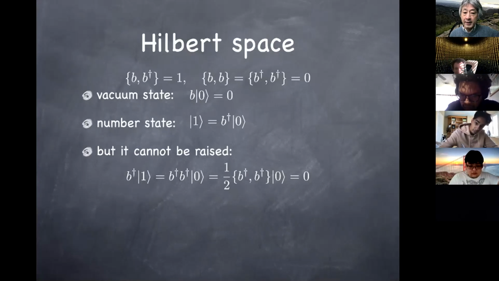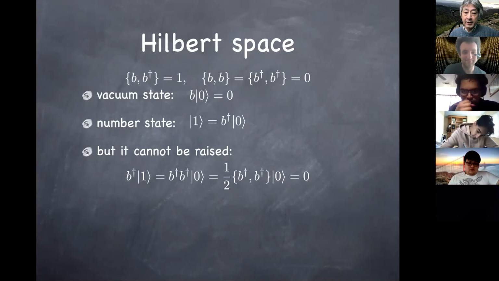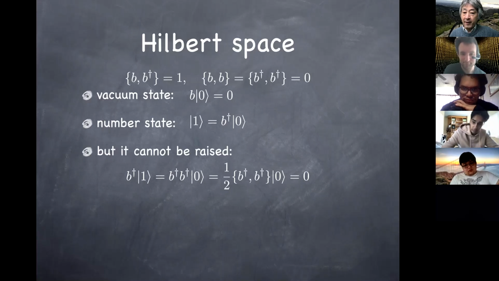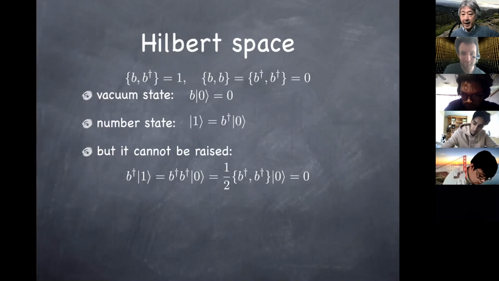This state 1 cannot be raised any further. If you act B dagger, the creation operator, on this state 1, state 1 is by definition the state where the creation operator acts on the vacuum state. So now writing it out, I have two powers of the creation operator, which is the same thing as the anti-commutator between two creation operators, except for a factor of half. So this is B dagger plus B dagger in the opposite order, but they're the same operator, so it's just twice B dagger.